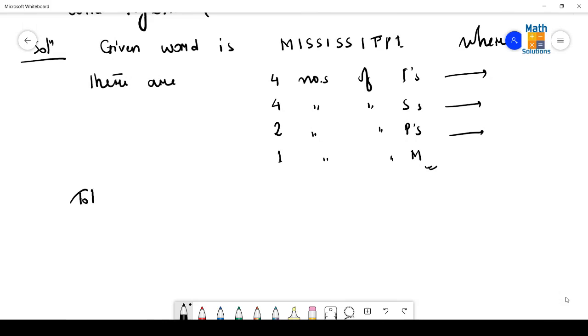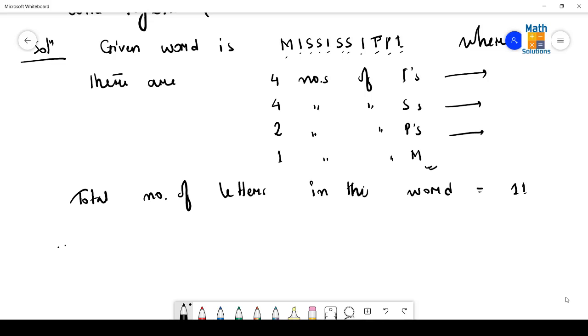First let us write down the total number of letters in the word. We can write it is equal to 11. 1, 2, 3, 4, 5, 6, 7, 8, 9, 10, 11. So in total we have 11 letters here.